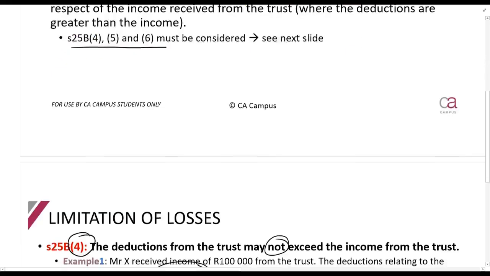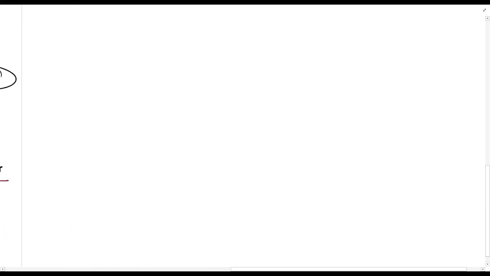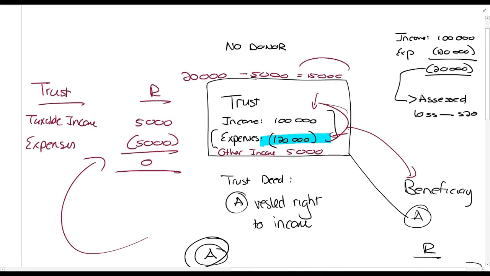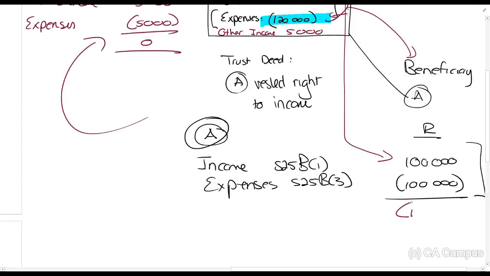And then, any amount which remains, that 15,000 rands, will be carried forward to the next tax year and may then be used by the beneficiary. So in the next tax year, A will be able to claim a deduction of 15,000 rands.